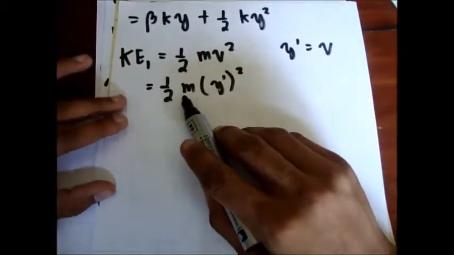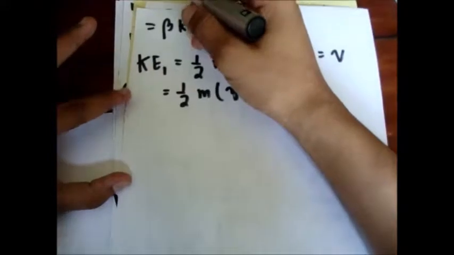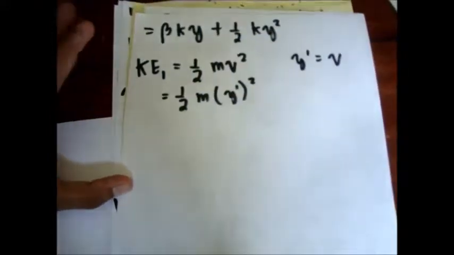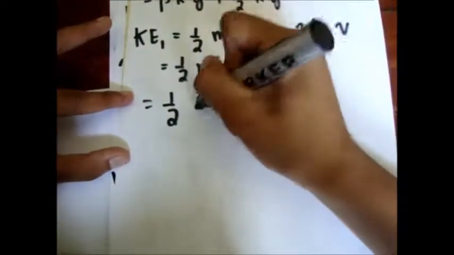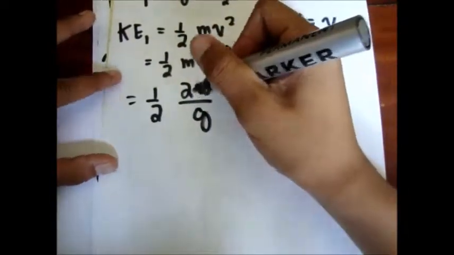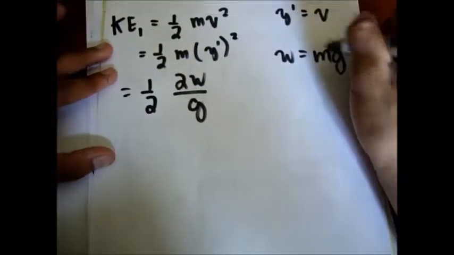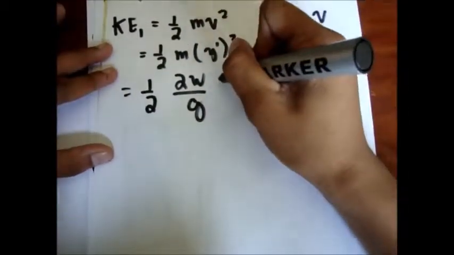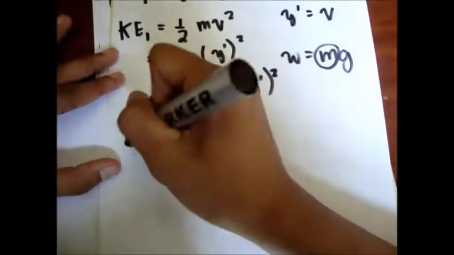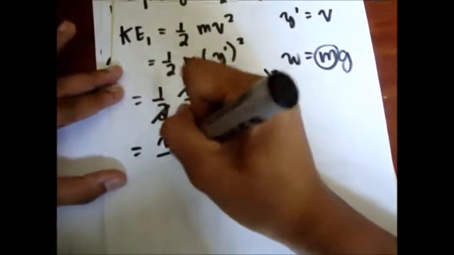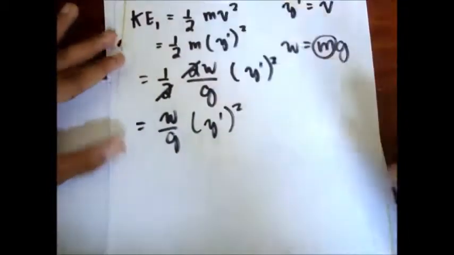Our m here is 2W over g, because W is equal to mg. So we have 1/2 times 2W over g times y prime squared, and after cancelling we have W over g y prime squared.